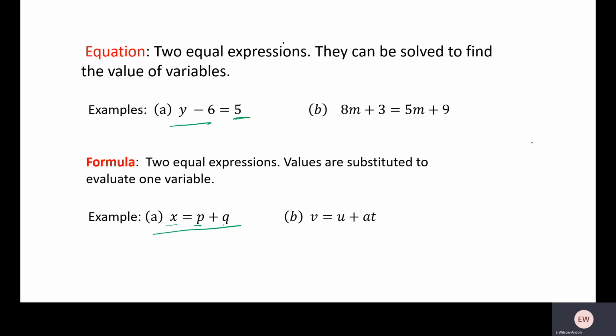We need the value of q before we can find the value of x. Without that, we can't find the value of x. So the value of p must be substituted, and the value of q must also be substituted into the mathematical operation before x can be solved.